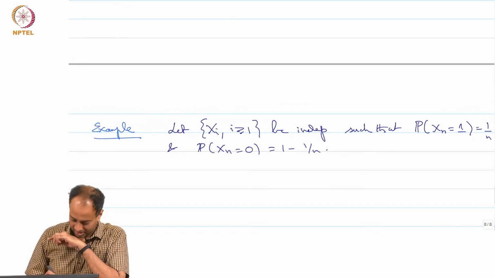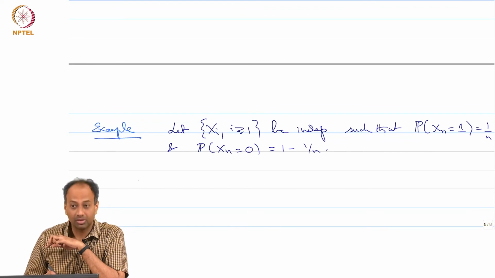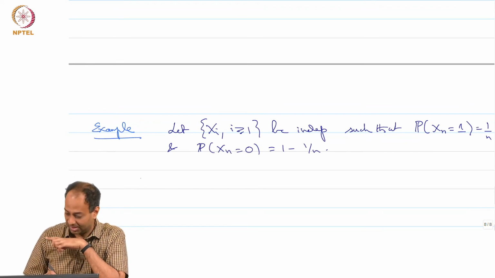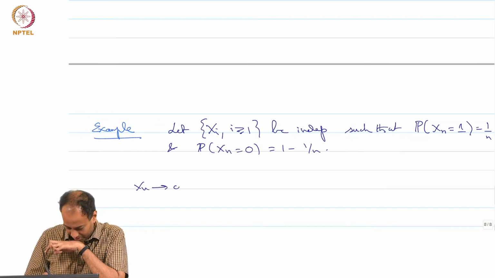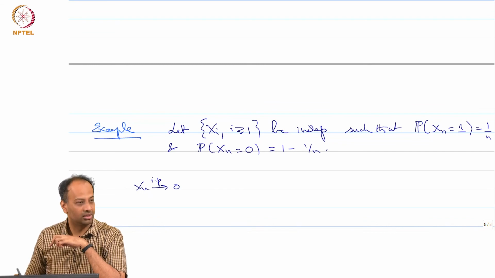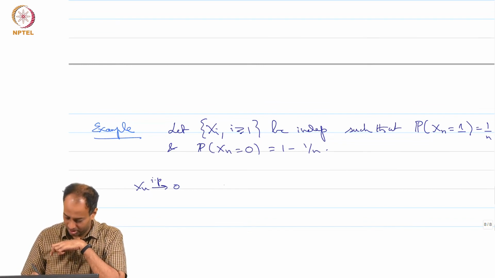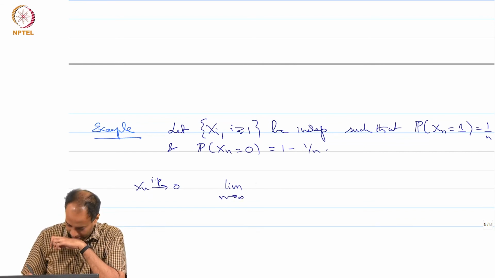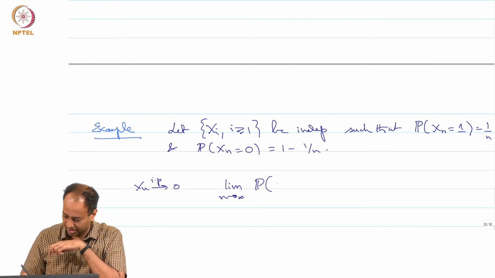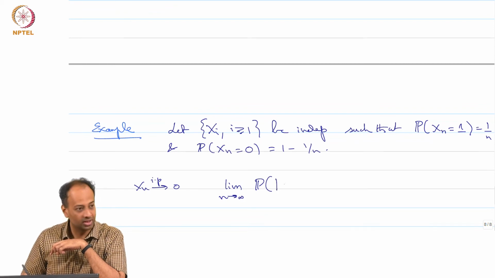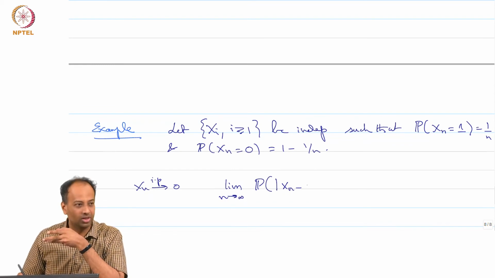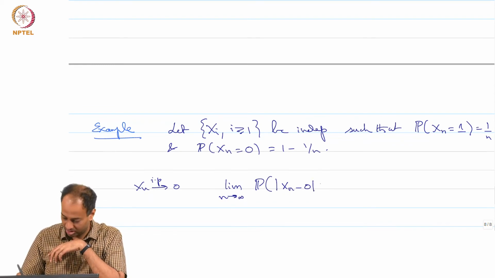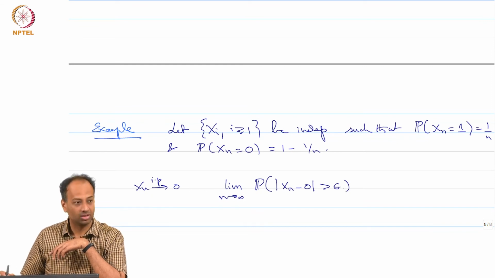So, you can argue that X_n converges to 0 in probability. Why? Because if you look at the limit as n tends to infinity of the probability that the absolute value of X_n minus the proposed limit 0 is greater than epsilon, this is what you have to look at.